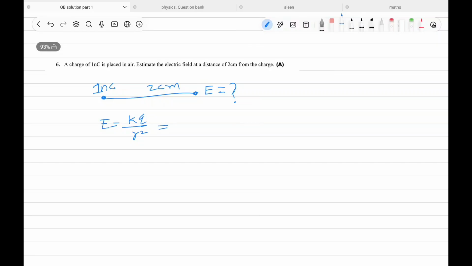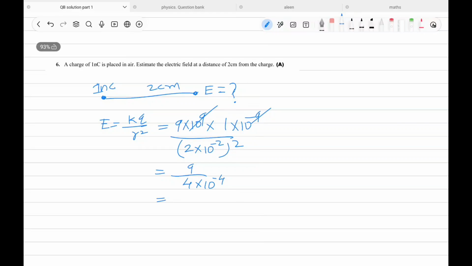Value of K is 9 into 10 to the power 9, into charge value 1 nanocoulomb, 1 into 10 to the power minus 9, divided by R square. R is 2 centimeter, 2 into 10 to the power minus 2, we have converted into meter, square. Now minus 9 and plus 9 get cancelled, so it is 9 only. 9 divided by 4 into 10 to the power minus 4.